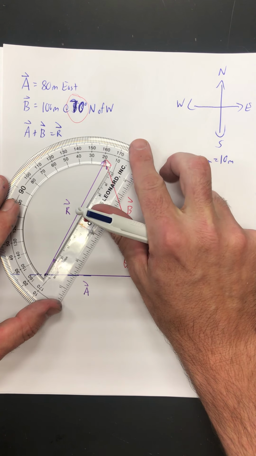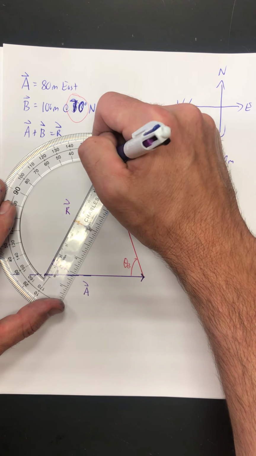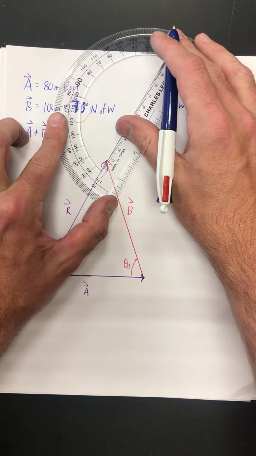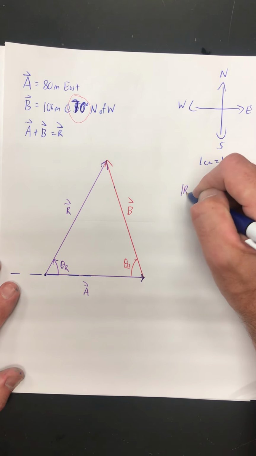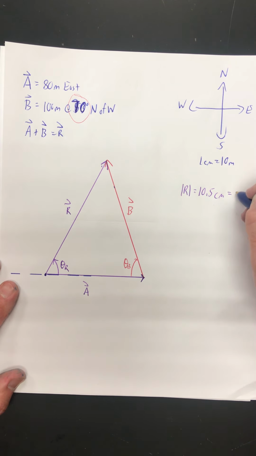So let's find our answer. Here we go. I'm going to measure that. It's annoyingly just longer than 10. Okay. Looks like it's 10.5. So the magnitude of vector R is 10.5 centimeters, which by my scale is 105 meters.